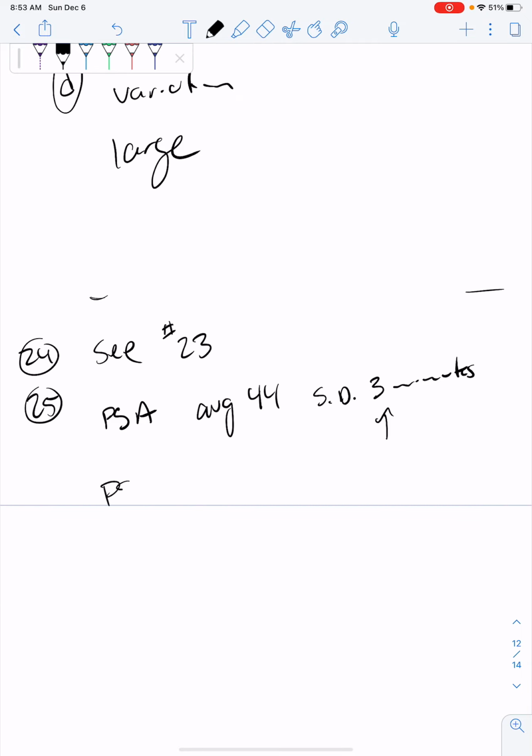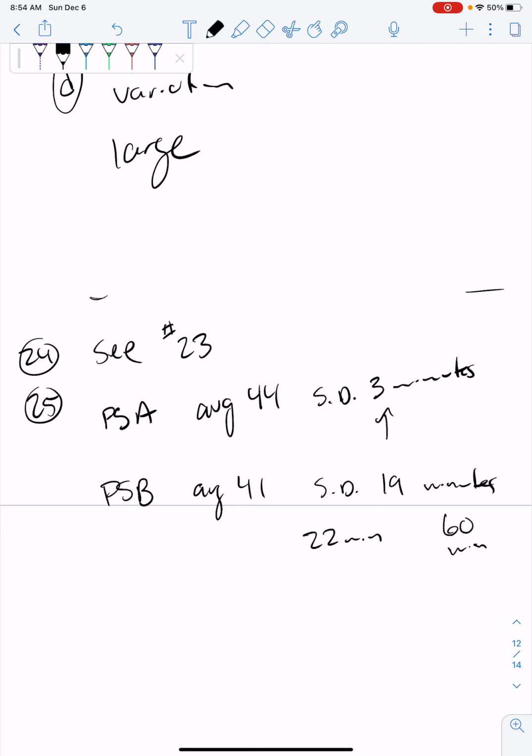Then it tells me that a second pizza shop, I wish it gave it names, has an average delivery time of 41 minutes, but it has a standard deviation of 19 minutes, which tells me that some people get their food in 22 minutes, but just as many people don't get their food for an hour.